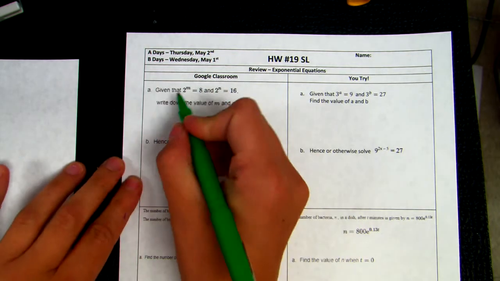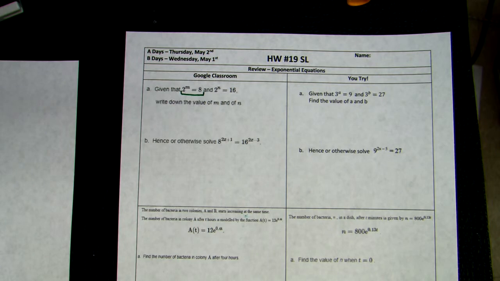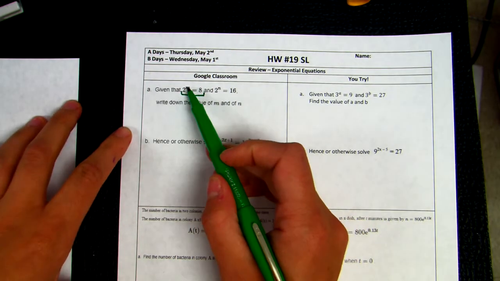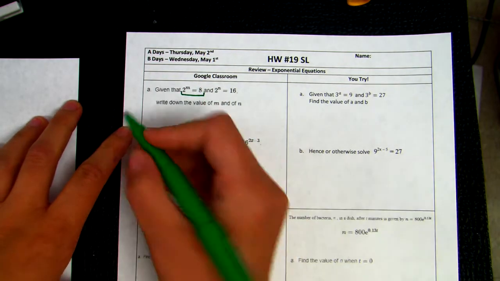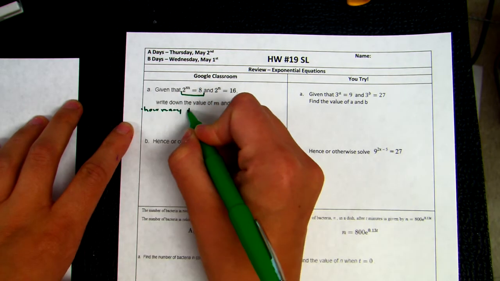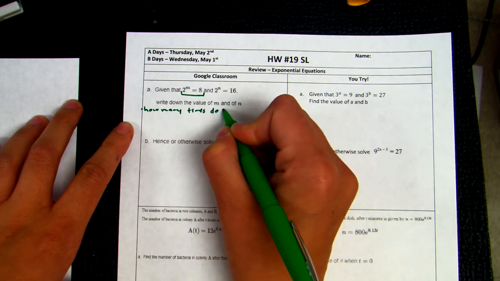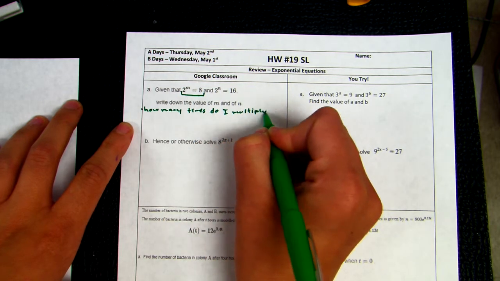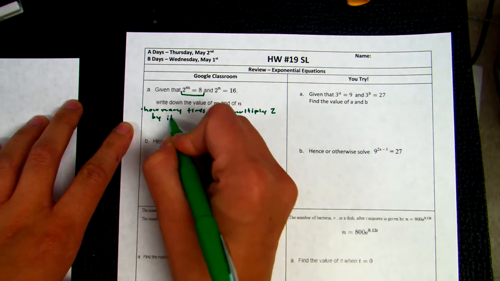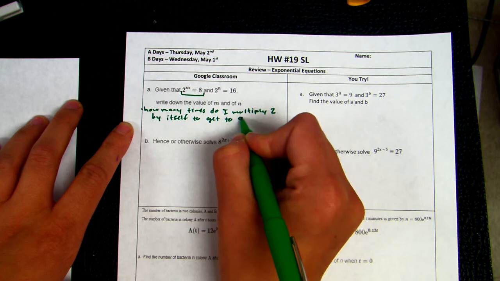Let's look at this first question first, that's just looking at the value of m. What this is really asking us, 2 to the power of m is equal to 8, is how many times do I multiply 2 by itself to get to 8.